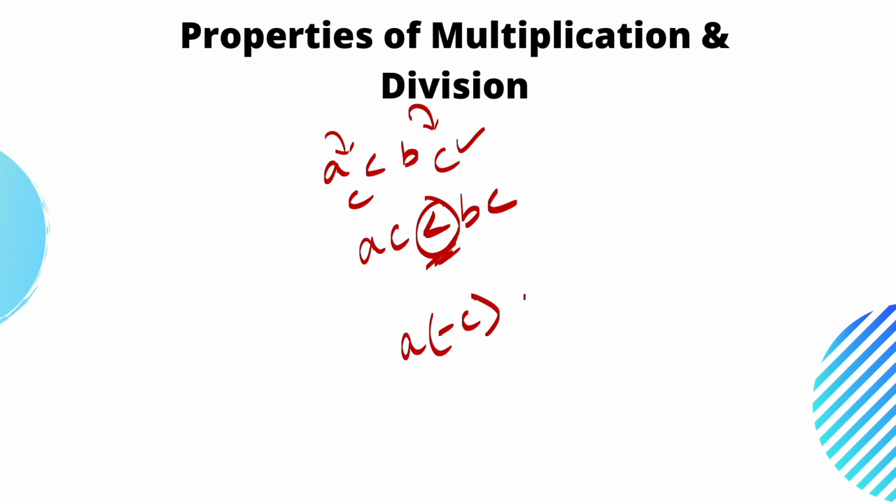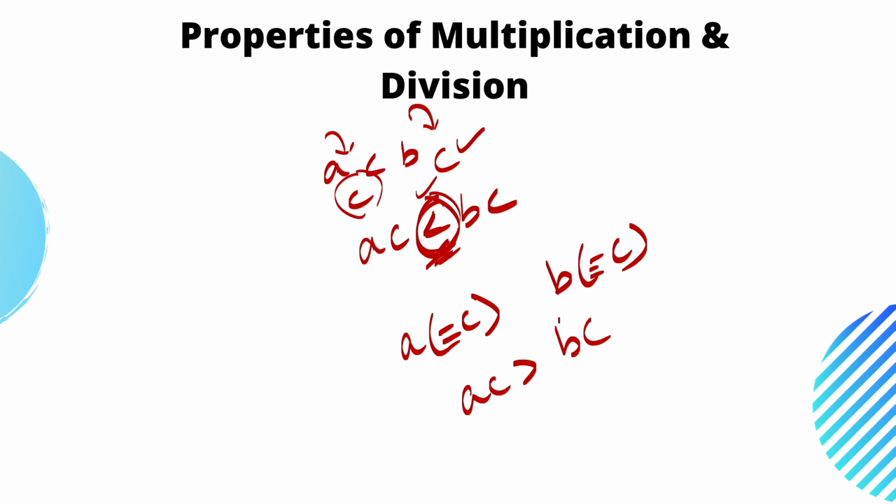So A into minus C, and B becomes B into minus C. When we are multiplying A and B with the same negative number, then this inequality swaps over. That means AC will be greater than BC. Here AC is less than BC, this inequality remained the same because C is positive. Here the inequality swapped over because the sign is negative. So this is one more observation that we all have to make.